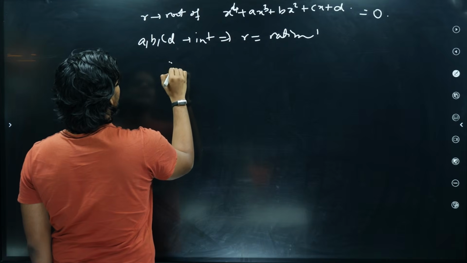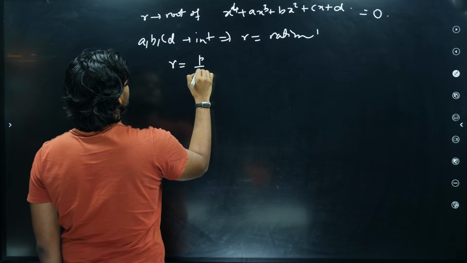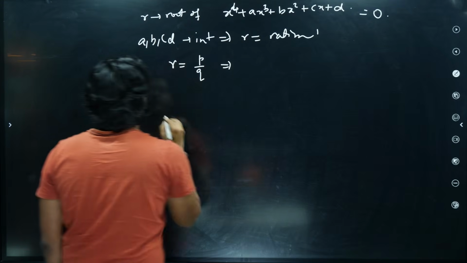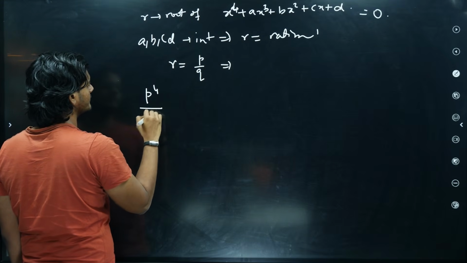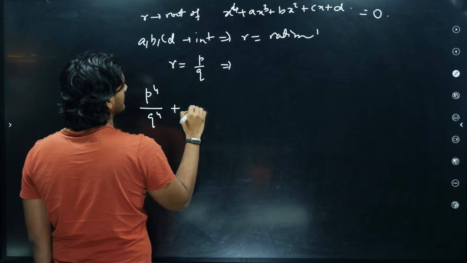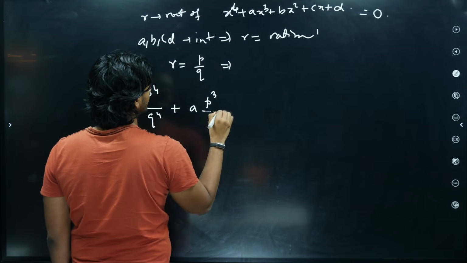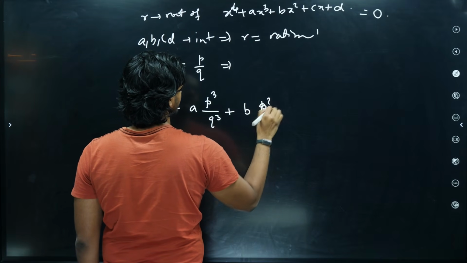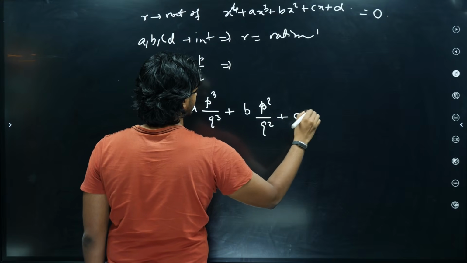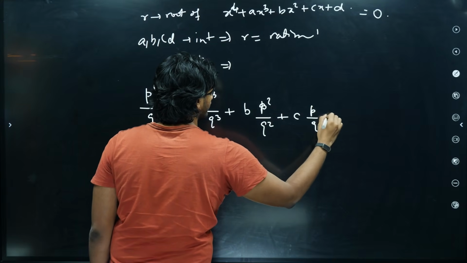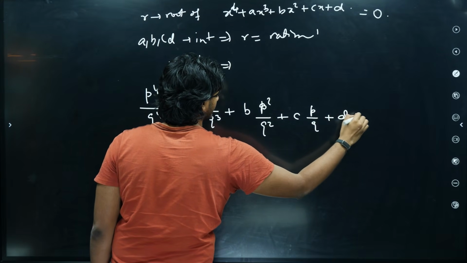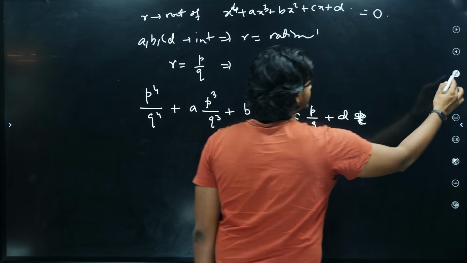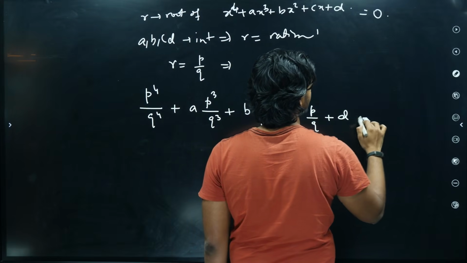So that means I can take r to be some p by q. This is a root, so p power 4 by q power 4 plus a p cube by q cube plus b p square by q square plus c p by q plus d equals 0.